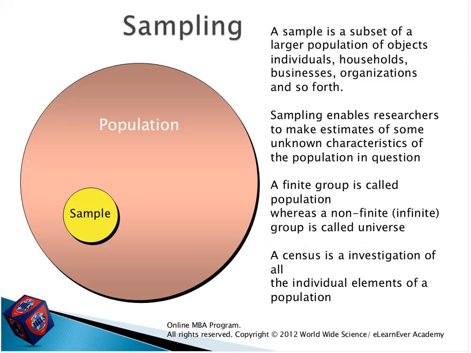for example, a subset of a larger population of object, individual, household, business, organization, and whatever else. All right. So, for example, if you want to have a research about public sector in Afghanistan, maybe you cannot research about all of the public sector available in Afghanistan.